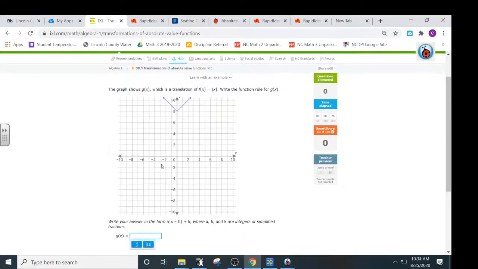Well, did it go anywhere in the horizontal direction? Did it go left or right? Well, first of all, we got to know what the parent function is. Guys, see that f of x equals absolute value of x?